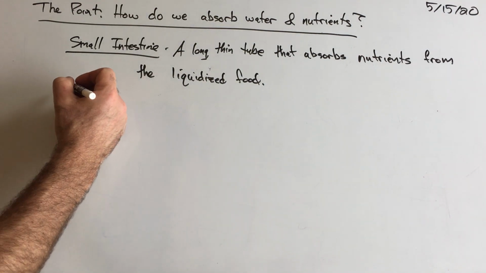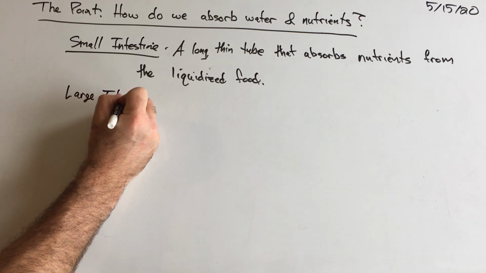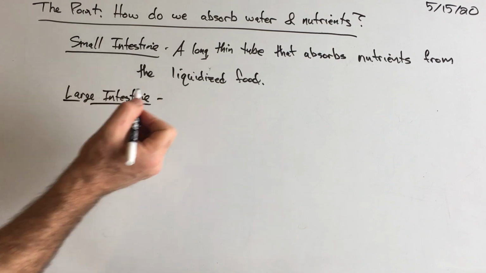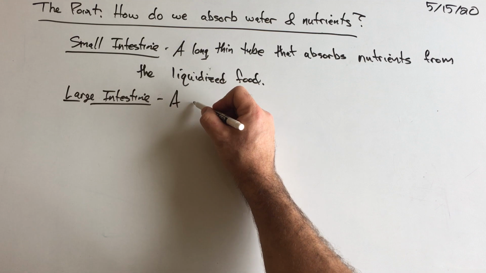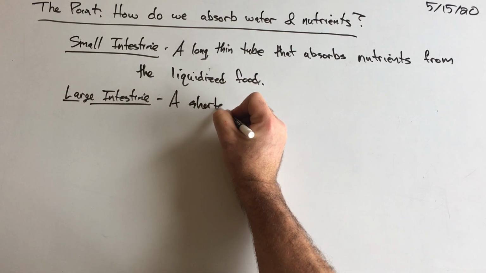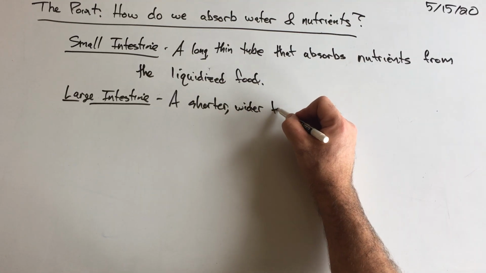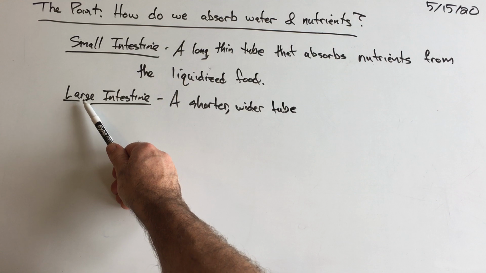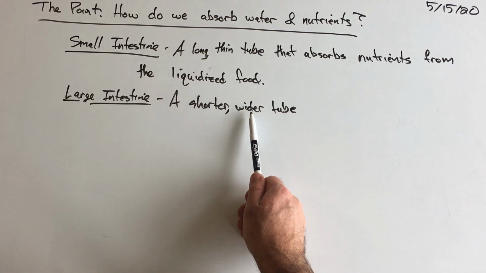And then we have a large intestine. That is a shorter, wider tube. So it gets its name because it's wider. It's not the long intestine because it's actually shorter. It's the large intestine because it is wider.